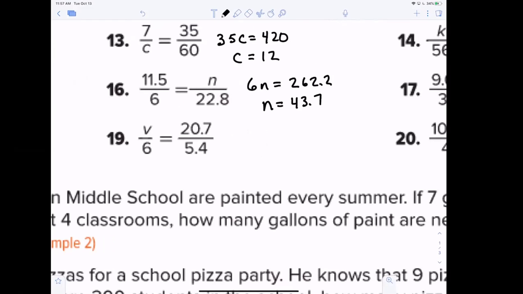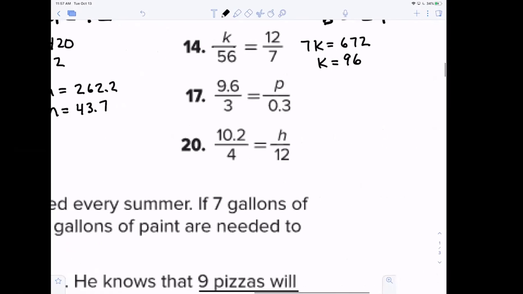All right, I think this is going good. All right, Luca, you're up. So you would do 3p, and then you would put 9.6 on top, right? You're multiplying, right?